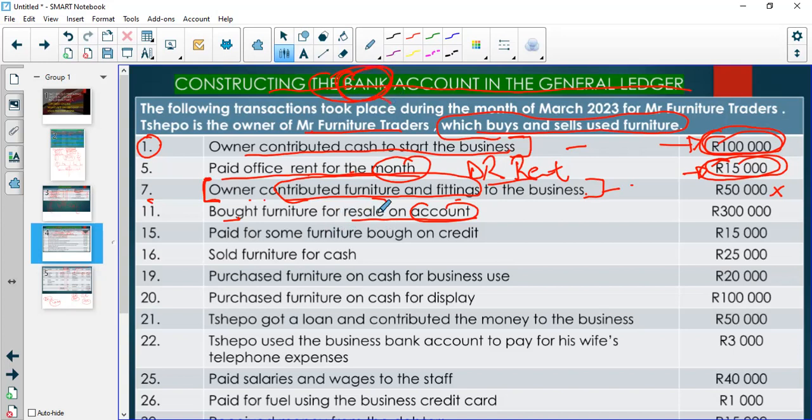However, this furniture is for resale, so we just want to understand the principles around that. This is a company that does buying and selling of used furniture. So we buy furniture for resale, which means this is going to be inventory. It's not going to be classified as furniture.